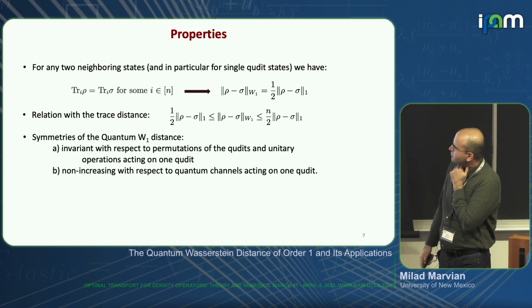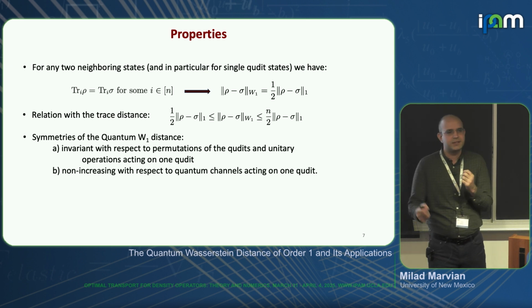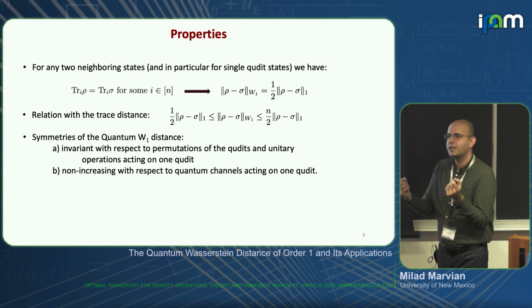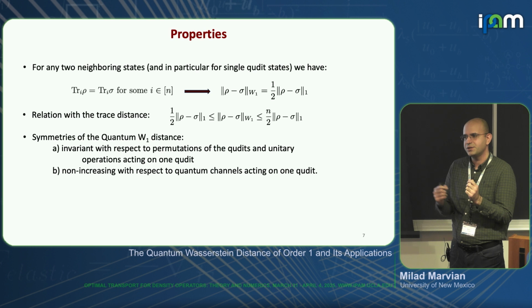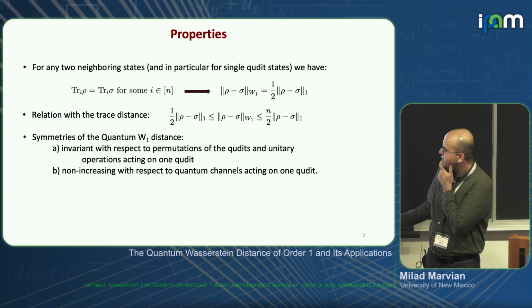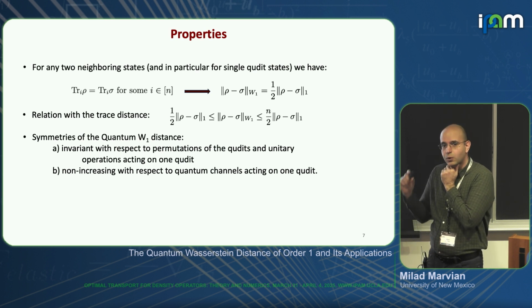Given this description that I mentioned about the neighboring states, convex hulls of those, etc., it's very clear that you have these symmetries that don't change the state, right? The index i, which qubit neighboring states it is, you have this permutation that doesn't change the distance. So you have the symmetries of the distance, which are permutations and unitary operations on local qubits.